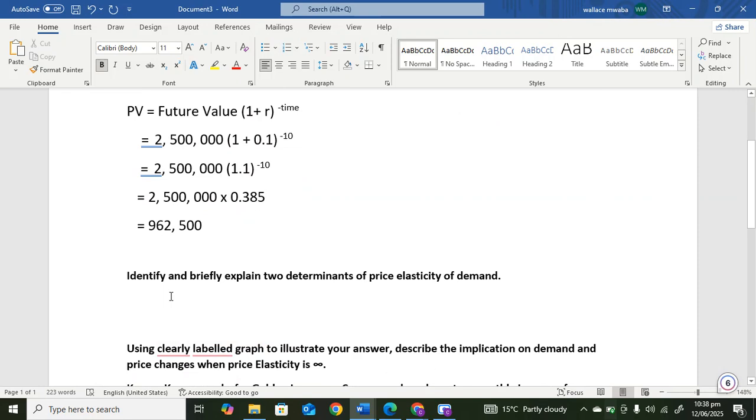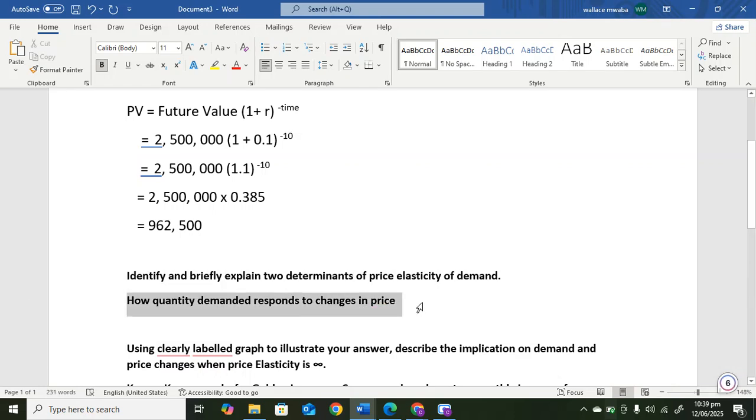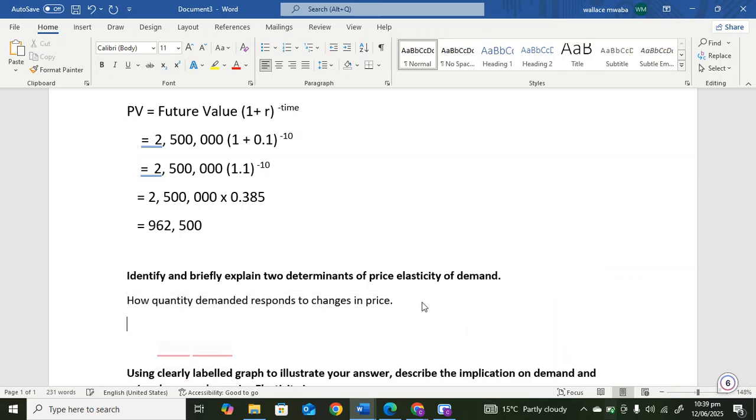Okay. Price elasticity of demand is how quantity demanded responds to changes in price. Okay, colleagues? How quantity demanded responds to changes in price.